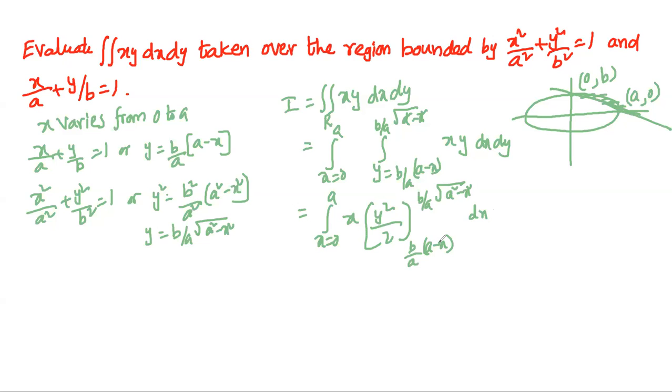So that is equal to half into integral x is equal to 0 to a of x into b square by a square into (a square minus x square) minus b square by a square of (a minus x) whole square, into dx.